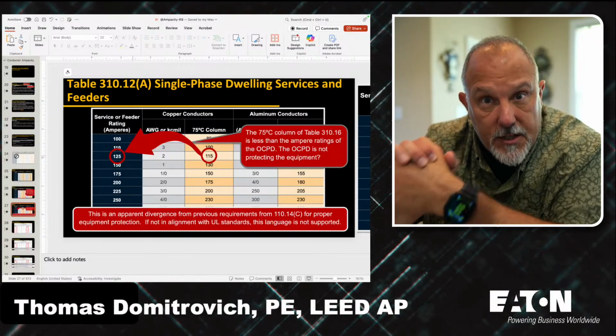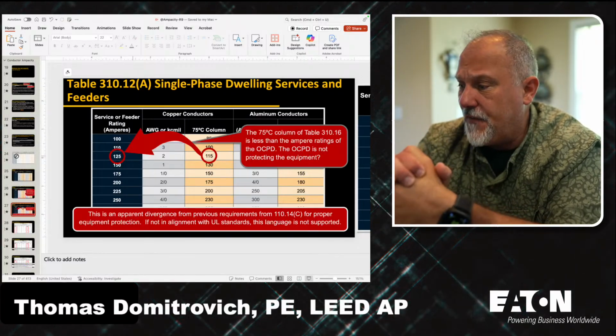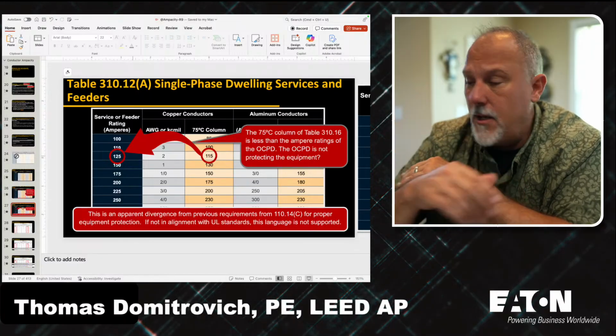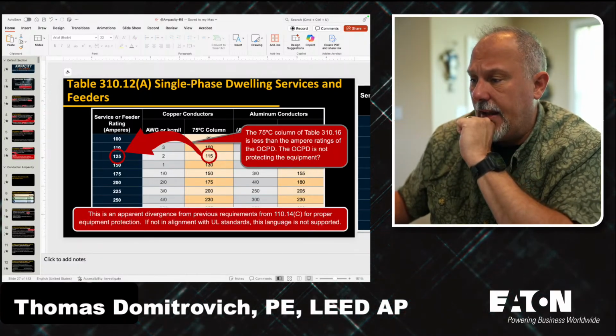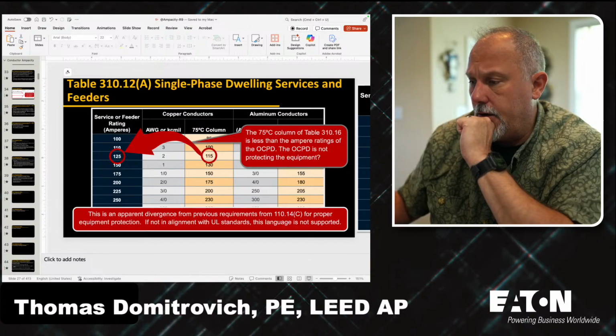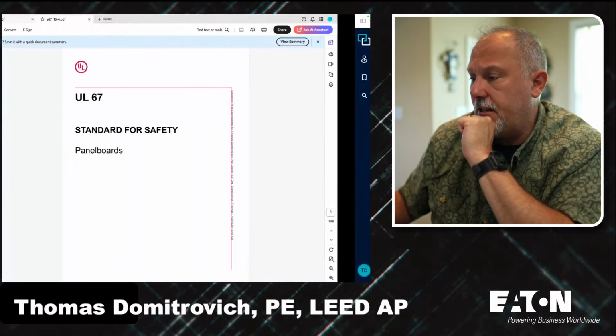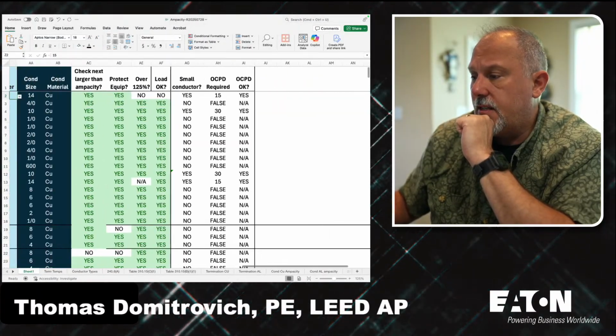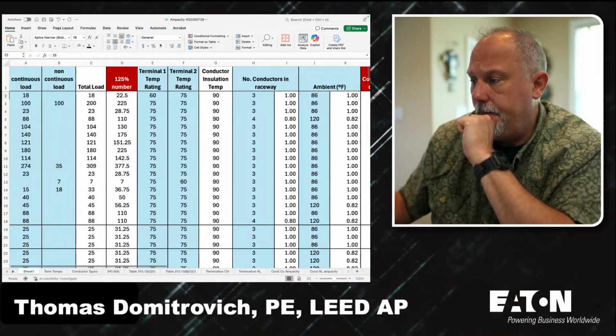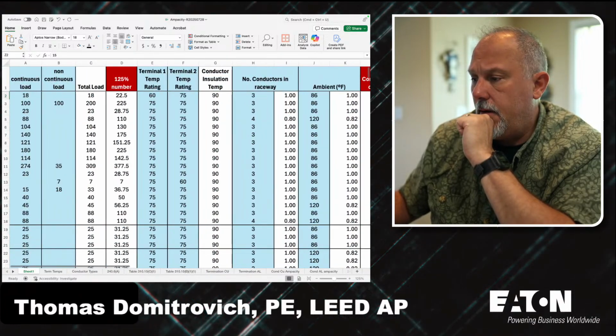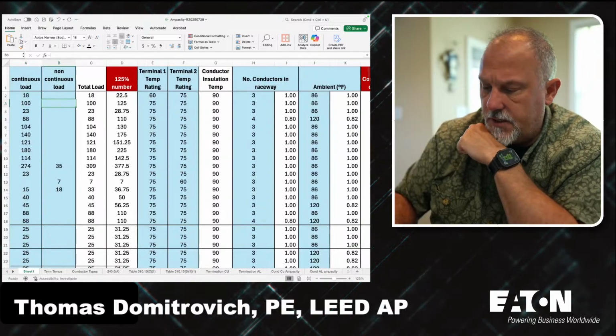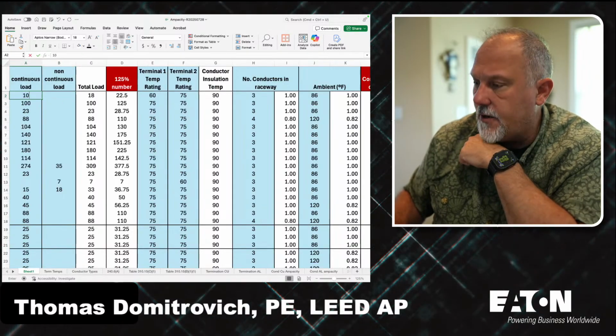I'm concerned now with the protection of the equipment at 115 amps, because what did we say earlier? Let's go to the spreadsheet. Here's what we said earlier. I'm going to make this 100 amps.